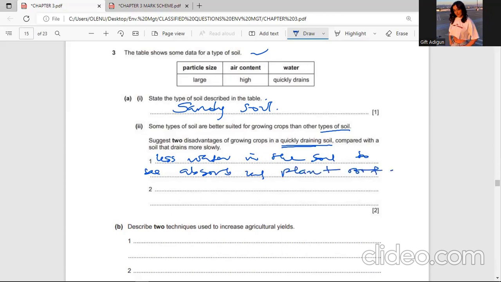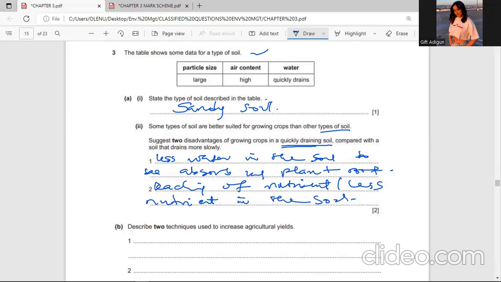Another reason may be, since it drains quickly, there will be leaching of nutrients. There will be leaching of nutrients, so that means there will be fewer nutrients in the soil. That's it.